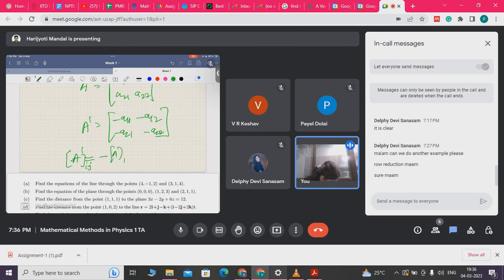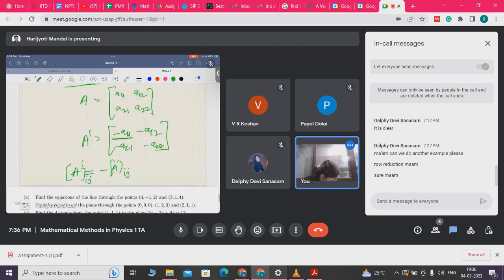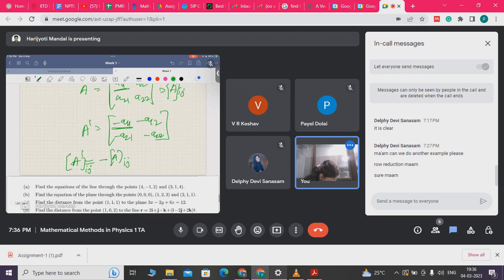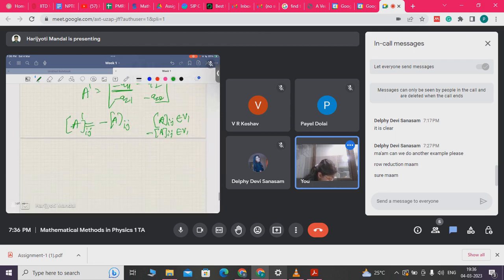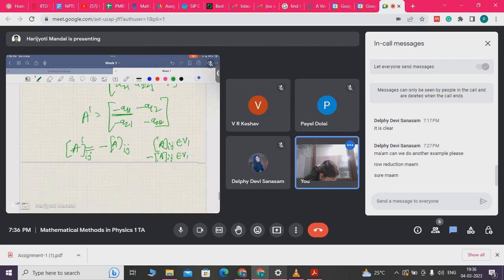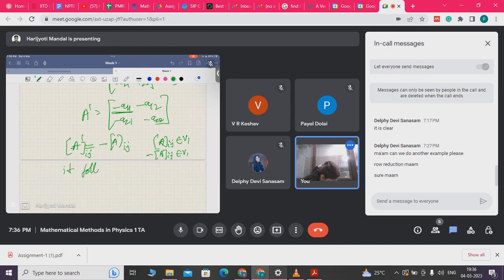We can write A dash ij as minus Aij. Because Aij belongs to V1, minus Aij also belongs to V1.